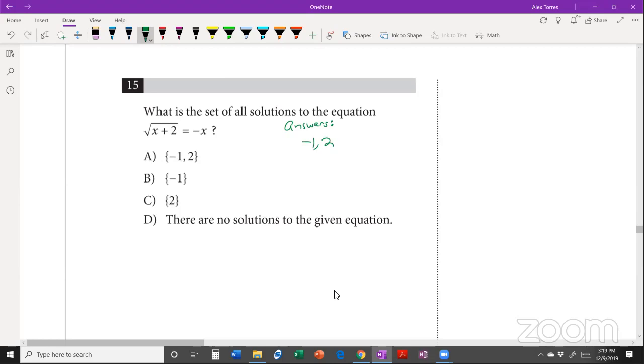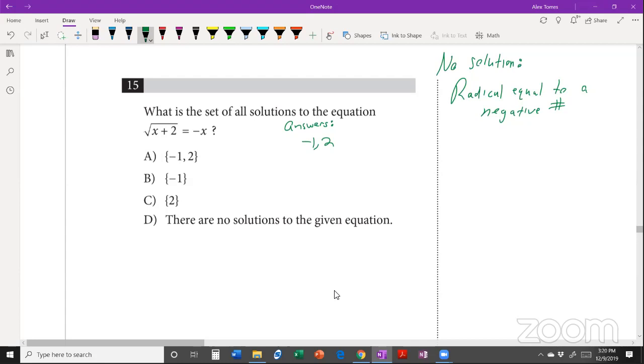Now, first of all, for those of you who wanted to say no solution because you have a radical equal to a negative, the idea is that when you have a radical or an absolute value equal to a negative number, that's no solution.